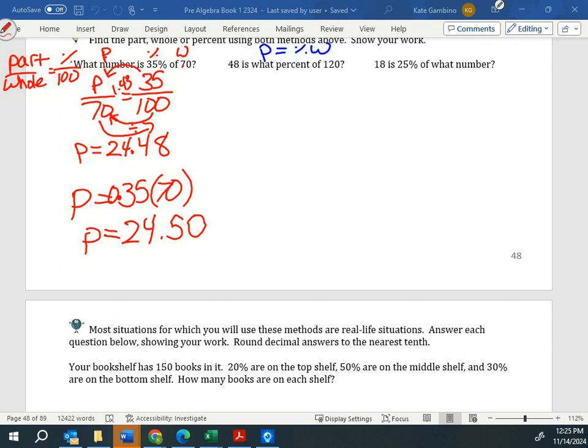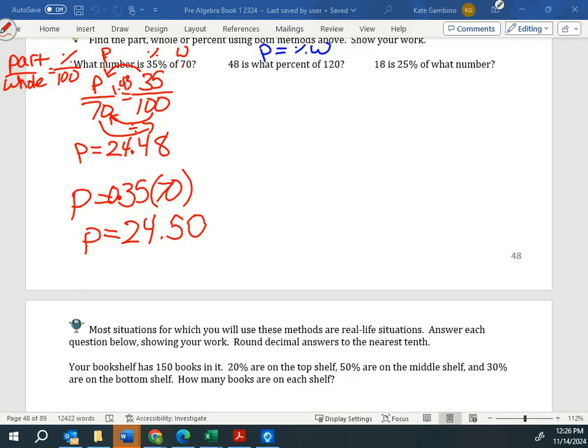So 24.48, 24.5. When I make my answer key for the test, I will know what it is if we're doing the proportion. I will know what it is if we are doing the equation. So I'm going to accept the answer that goes with what form you did, because you're going to show your work. I'm going to know if you were rounding correctly. Okay, does that make sense?